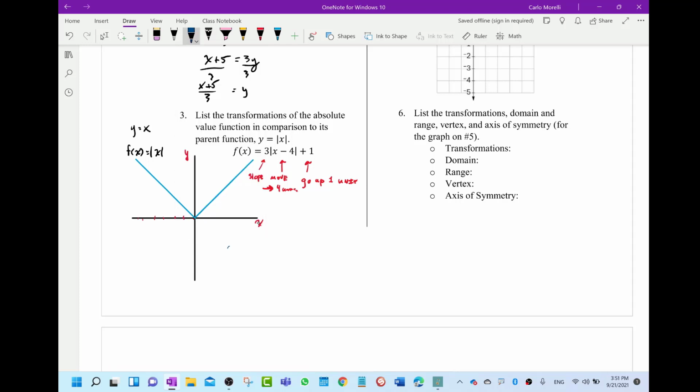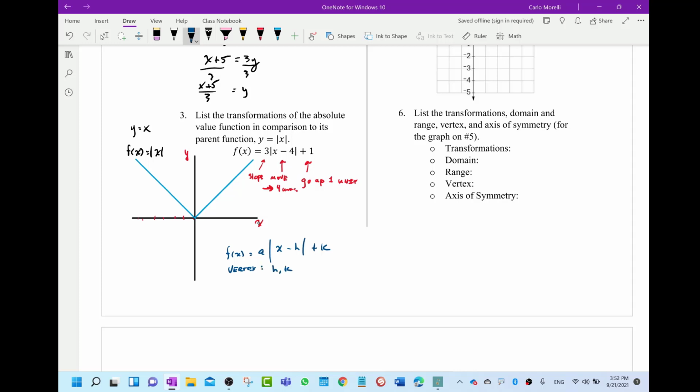The standard form, f of x, is equal to a times absolute value of x minus h, plus k. Okay, so we need to find the vertex of this function, and the vertex of the absolute value is at h comma k.